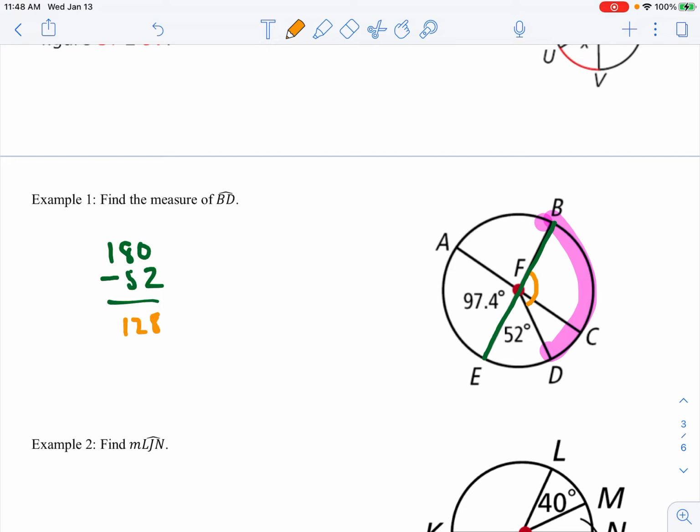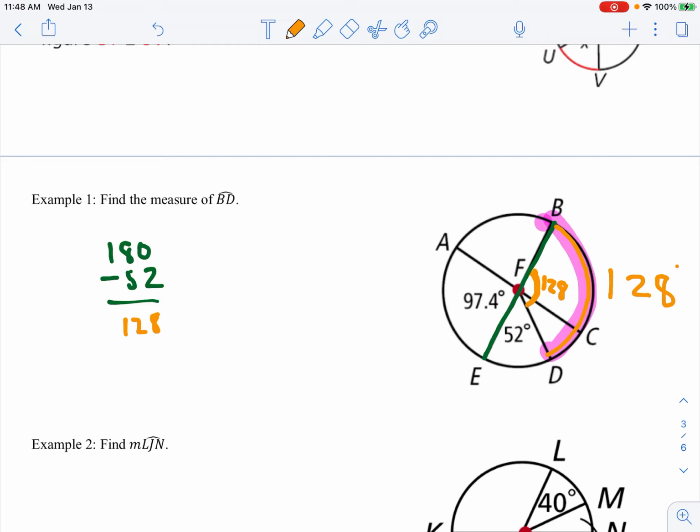which tells us 128. Now, if 128 covers both of these, the arc that covers that in between would go from there to there, which gives me 128 for the arc. So we found the central angle first, and whatever that central angle is, the arc should match.